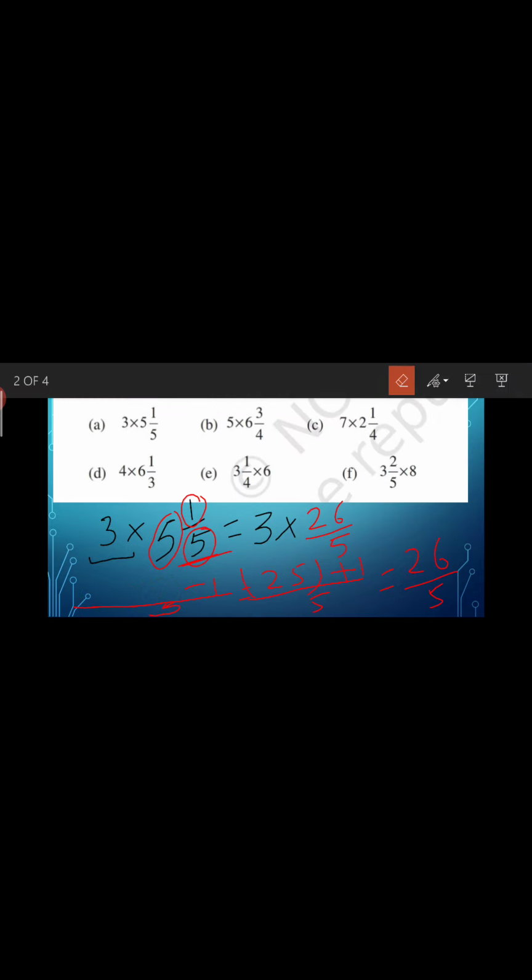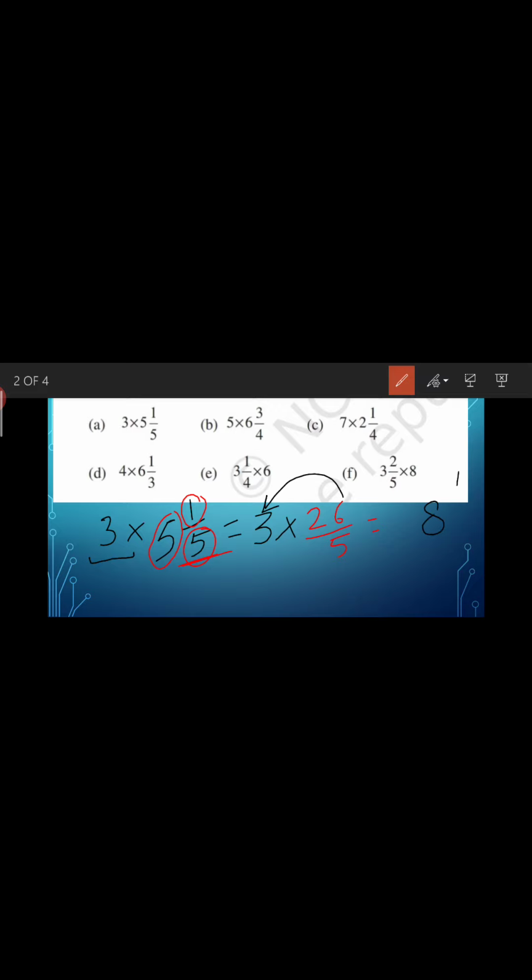Okay. So after converting it into fraction, what will we do now? We have to multiply 3 by 26 upon 5. So what will we do? 26 into 3. What is 26 into 3? How will you multiply it? 26 into 3. 6 3s are 18.